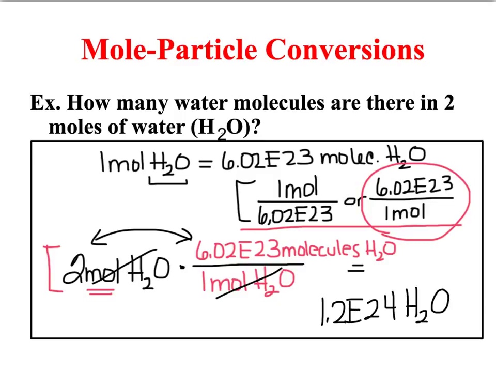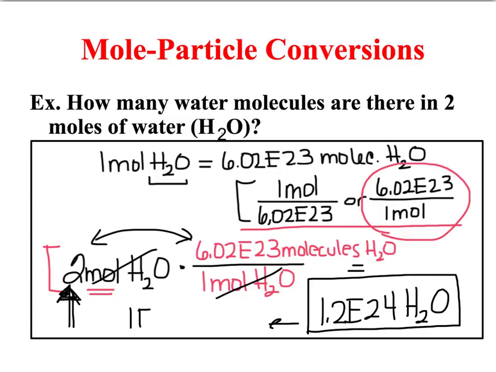And technically, if we're going to use significant digits for this, our significant digits are going to be based solely on our original measurement, which was 2 moles. So in reality, this answer would be 1 times 10 to the 24th water molecules. So this technically would be our answer.